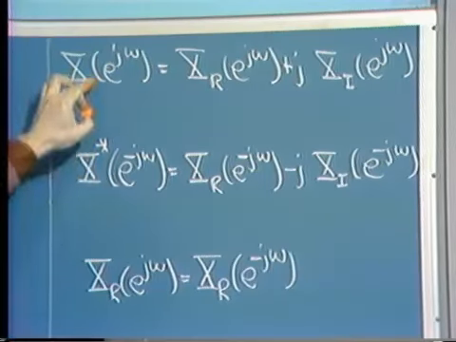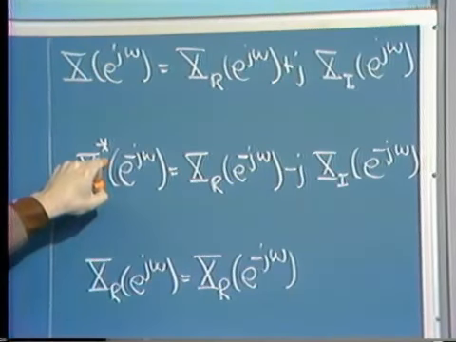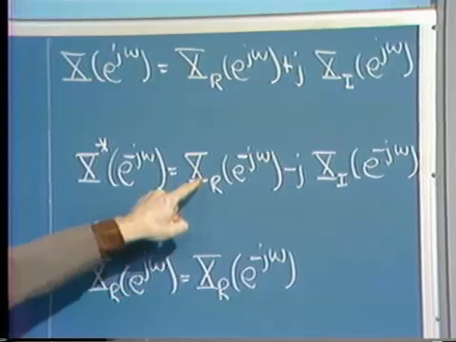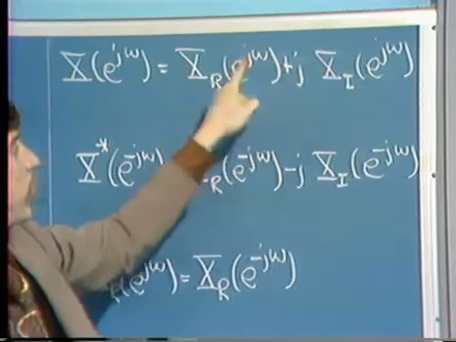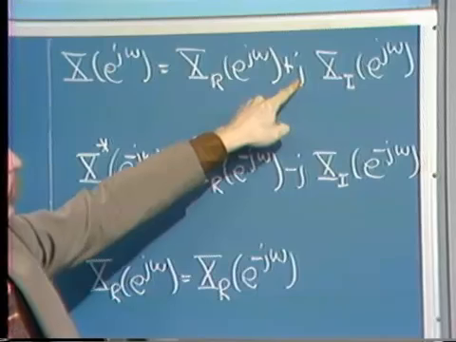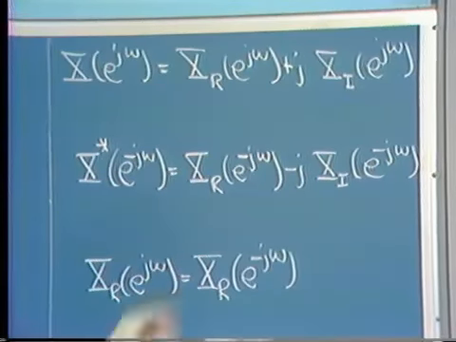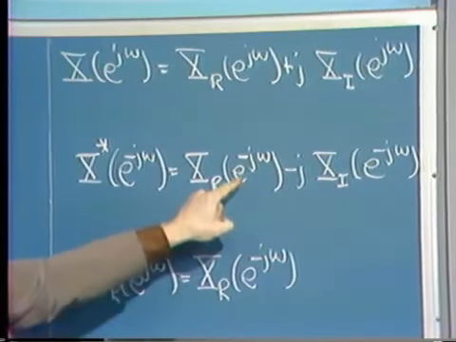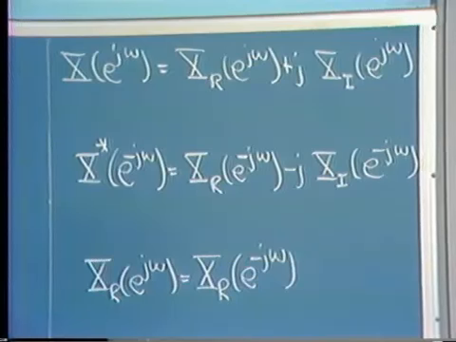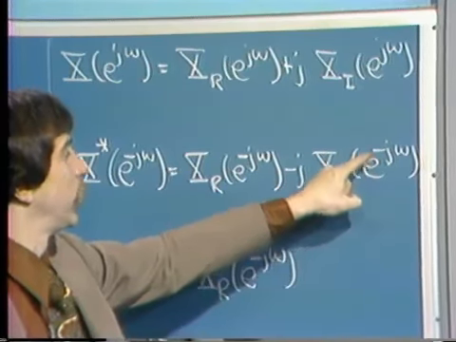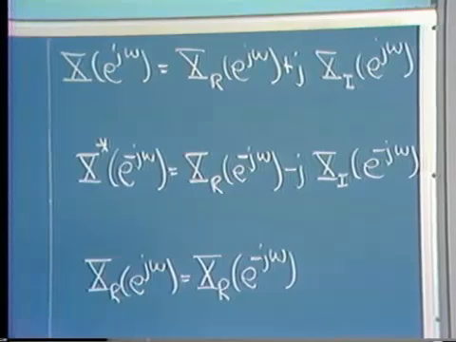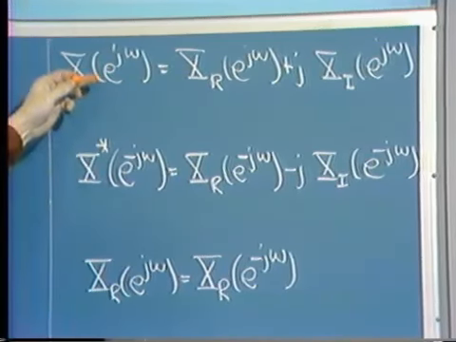And the conjugate symmetric counterpart is this with omega replaced by minus omega and the expression conjugated. So we have x sub r of e to the minus j omega minus j times x sub I of e to the minus j omega. And we know that these two are equal.